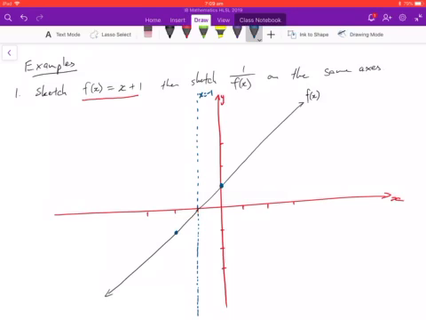Now, here, very close to the asymptote, I'll put it in green, as my point gets closer and closer, I'm on the positive side of the x-axis, so the sign is positive, but it's getting really, really close to 0. Now, I can't ever get to 0 for 1 over f of x, but it's getting really close.